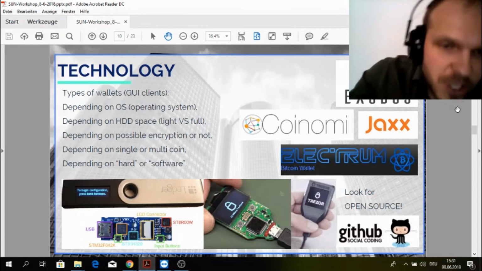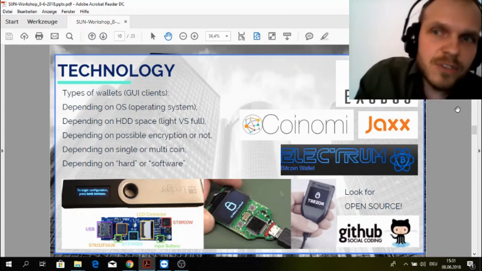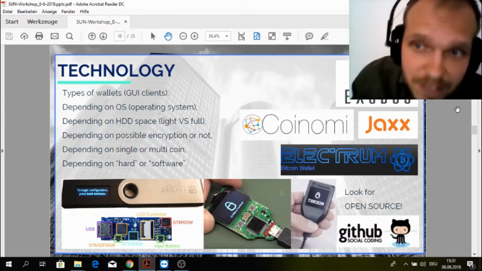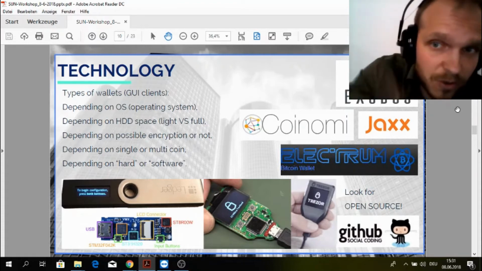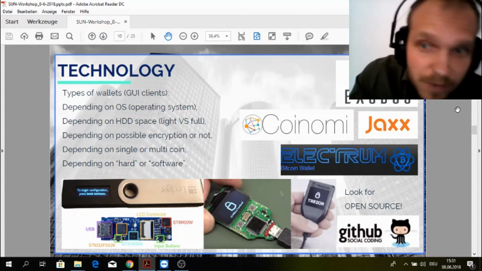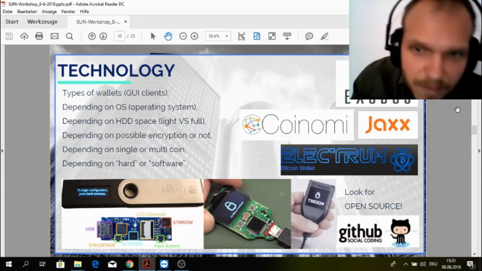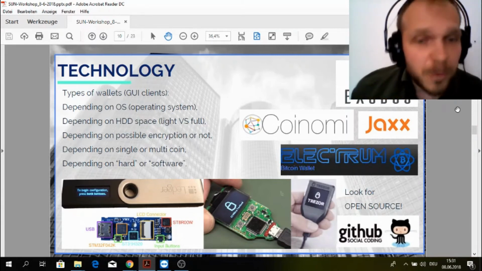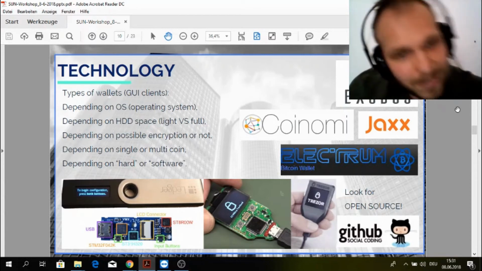And these ones which are shown here are good examples. So, for example, if you want to use a wallet with several coins, several cryptocurrencies, you can use Jaxx, Exodus, or Coinomi. If you want to have a good old Bitcoin-only wallet, you can use Electrum. And most important for you, we can also have some hardware wallets where the private key is stored in this hardware device.